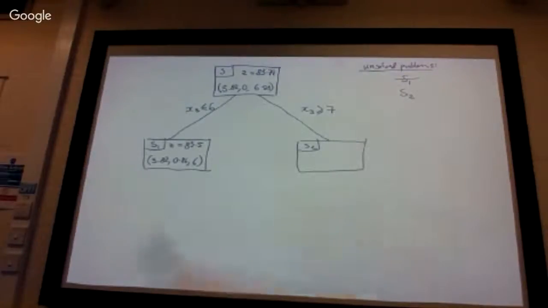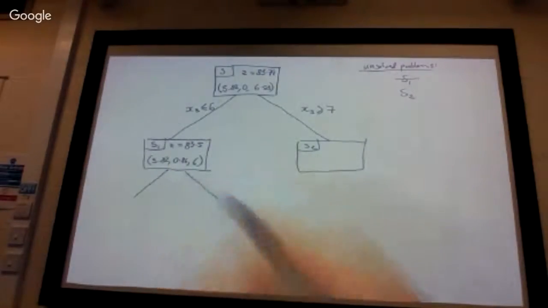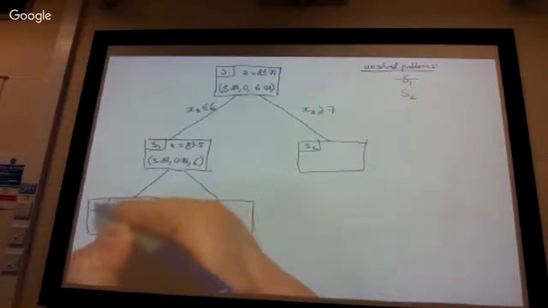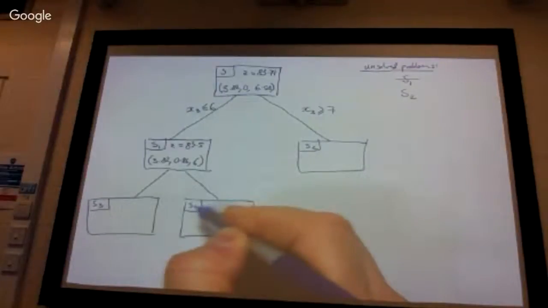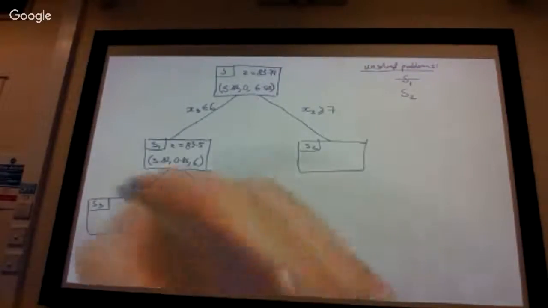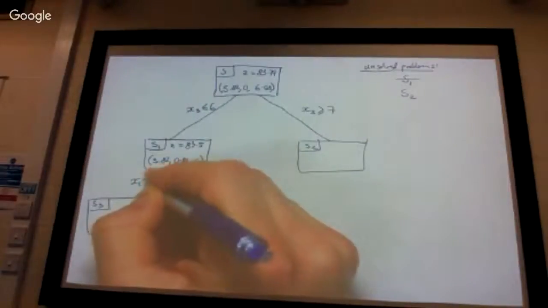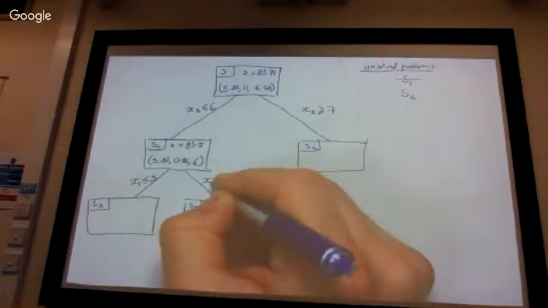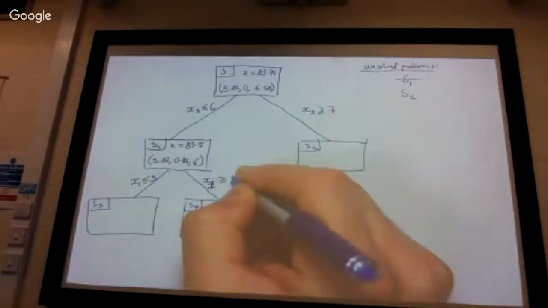Because I want to branch again. What do we pick? X1 or X2? X1? Okay. So I get X1 is less than or equal to 3, or X1 is greater than or equal to 4.